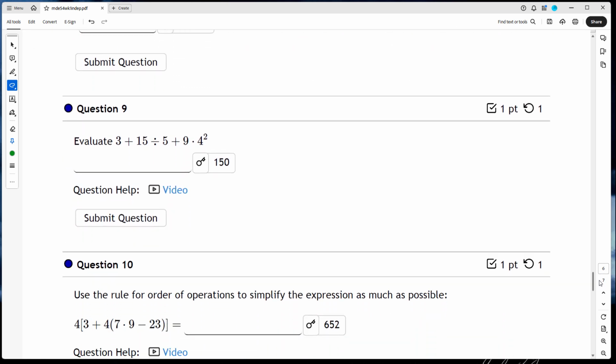Number 9. Evaluate, write out PEMDAS at the top, and the expression underneath it. No parentheses here. We have an exponent.